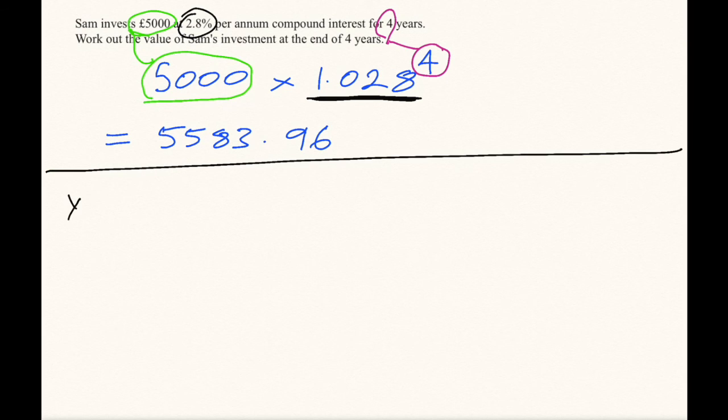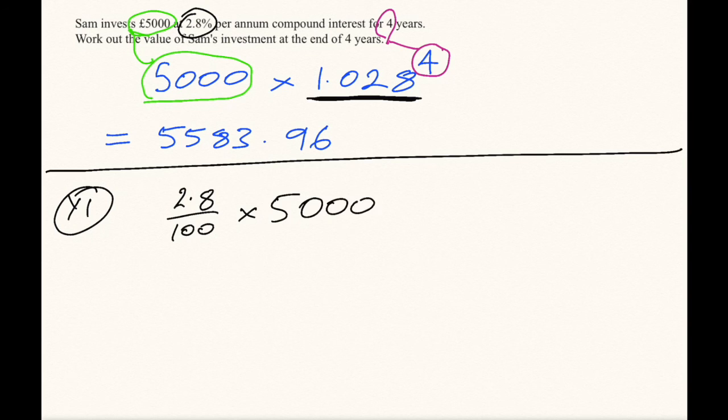In year 1 we're going to have 2.8%, 2.8 over 100 percentage of 5,000. So from that we're going to get 0.028 times 5,000. Should get £140.